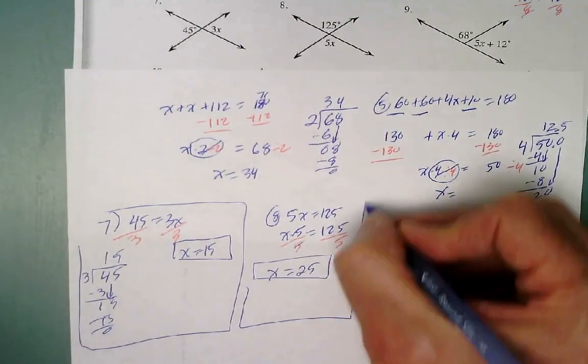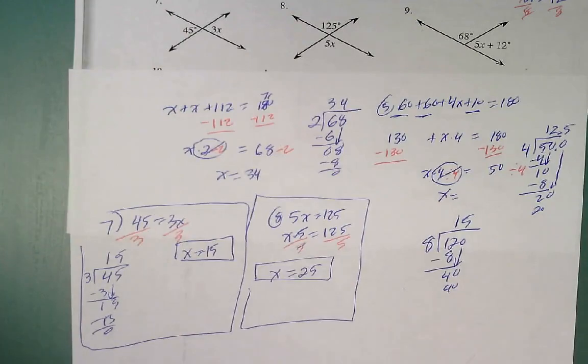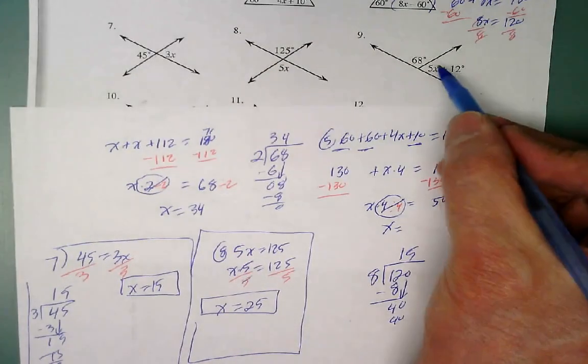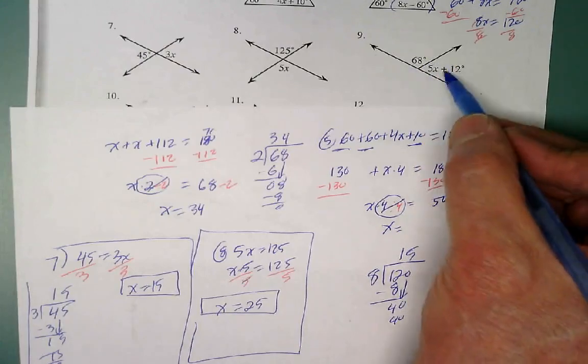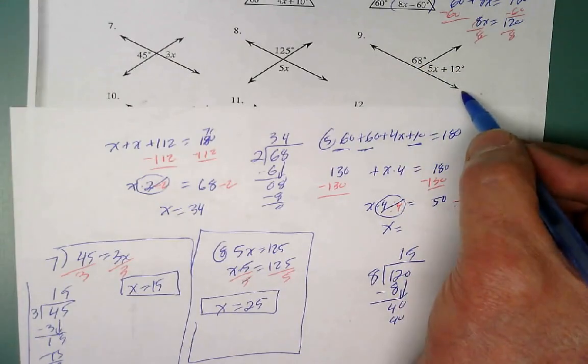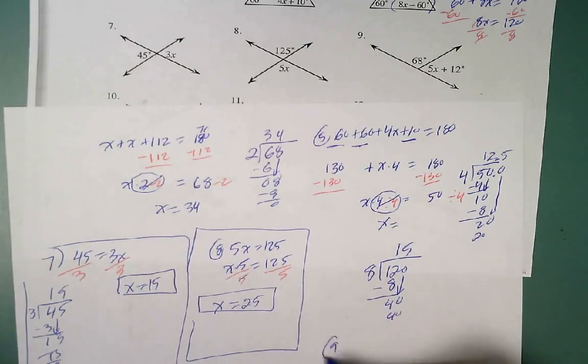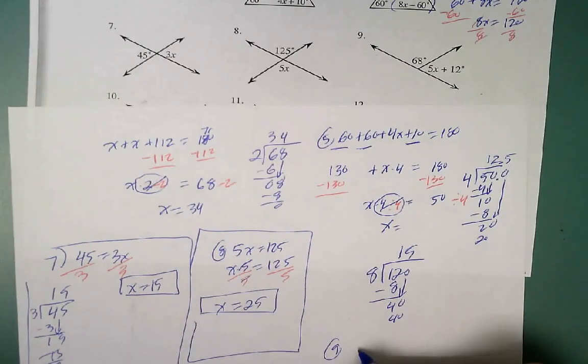All right, number 9. Getting tricky. Again, 68 plus this angle make a straight line. That means they make 180. So on number 9, I could say 68 plus 5x plus 12 equals 180.